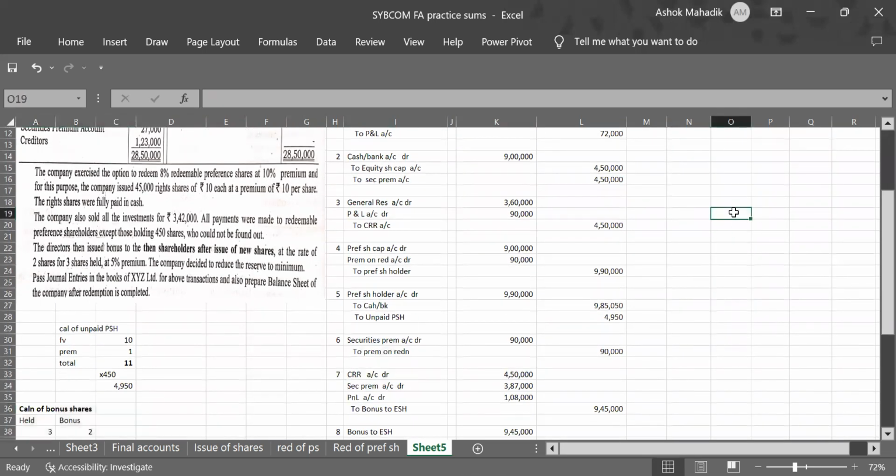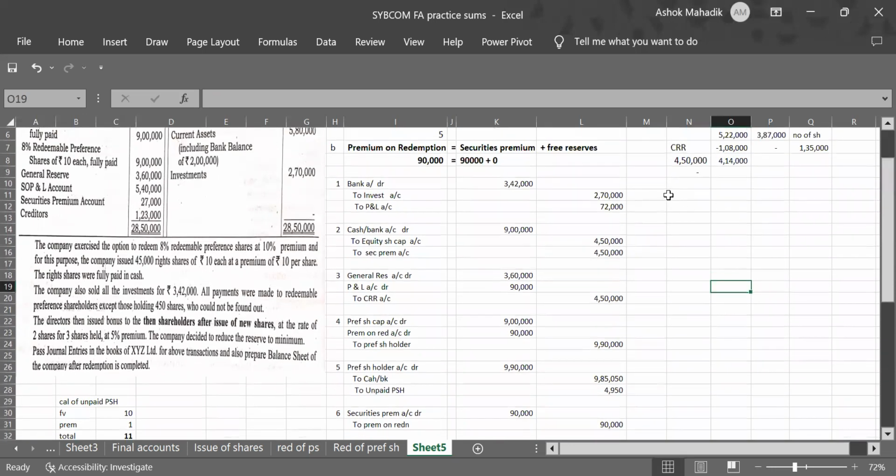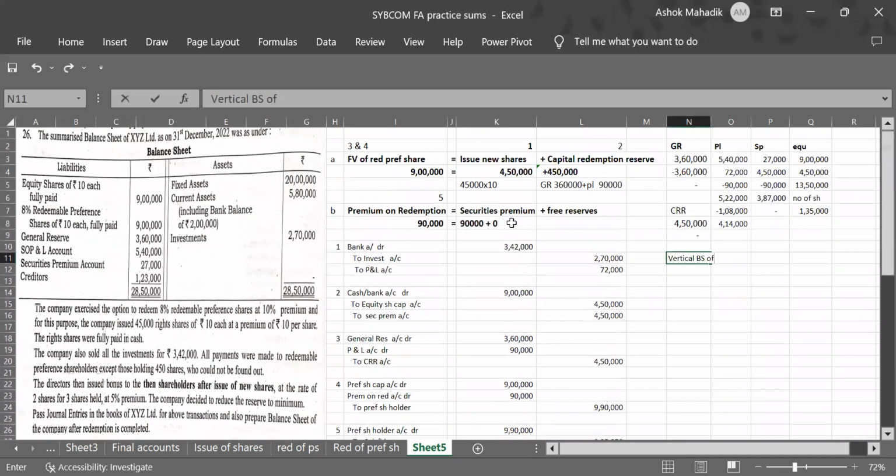Okay, now here I'll make vertical balance sheet. Okay, give the heading vertical balance sheet of, what is the company name? XYZ Limited. That's it.